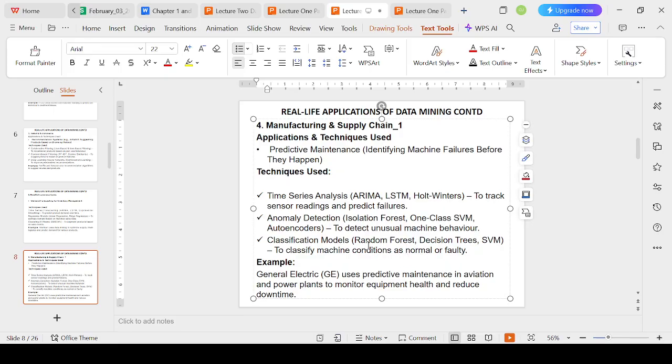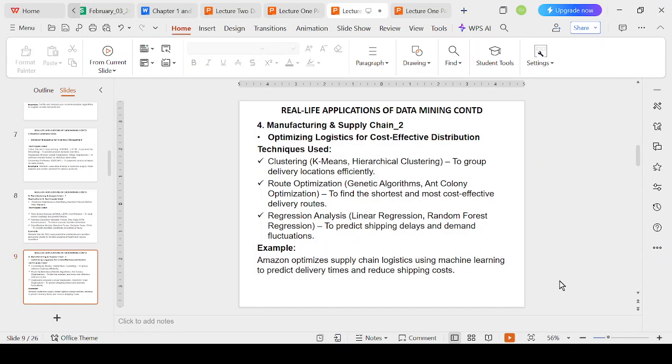Classification models, random forest, decision tree, SVM to classify machine condition as normal or faulty. General Electric uses predictive maintenance in aviation and power plants to monitor equipment health and reduce downtime.